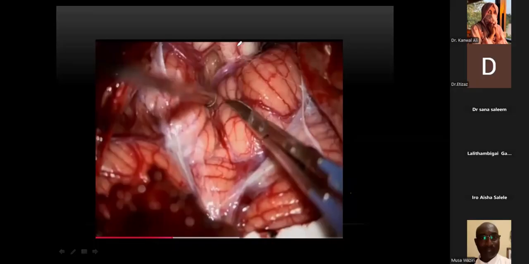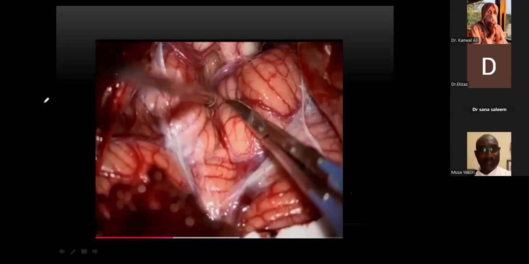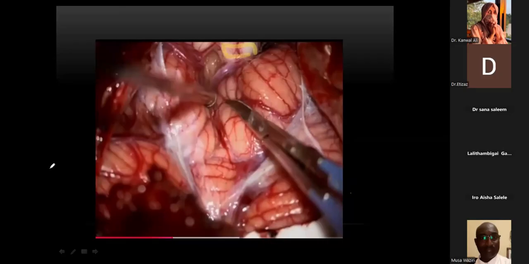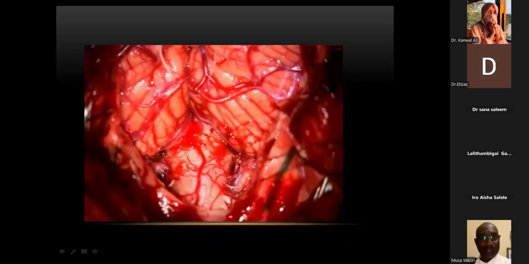Some surgeons prefer to stand at the superior side, at the head side, that's why it is addressed like that. So this is the quite right view. We are standing at the patient's side, on the posterior side, not on the head side. That's why the cerebellum is on the upper side and the medulla oblongata is on the lower side.